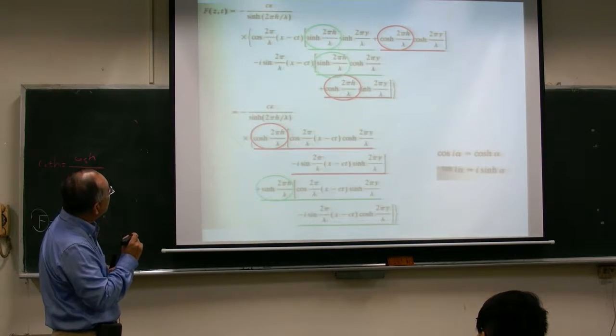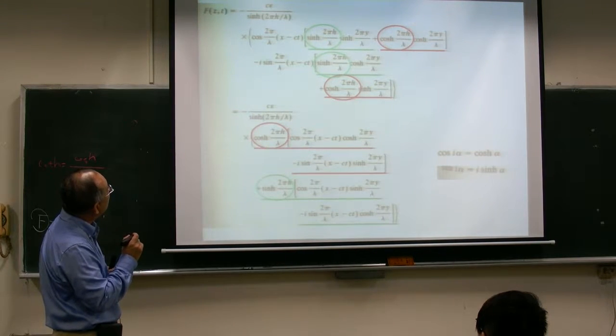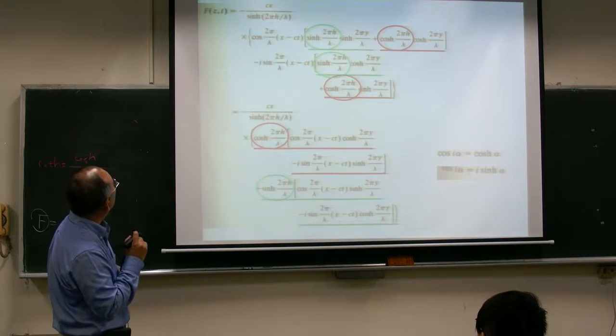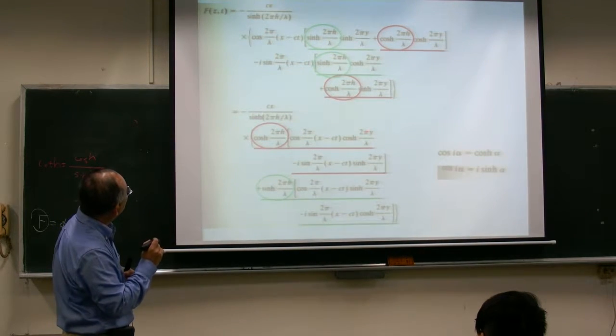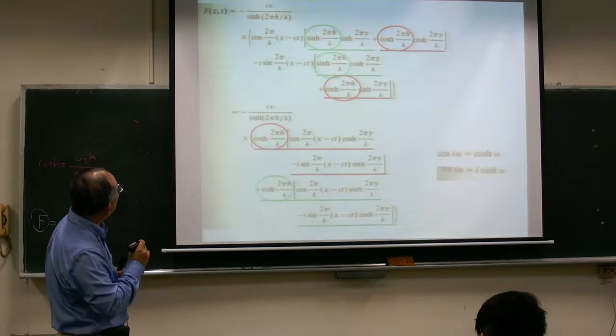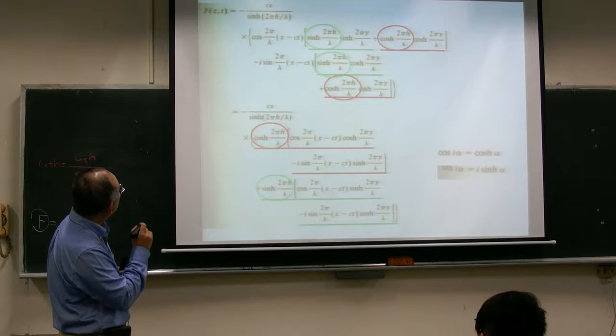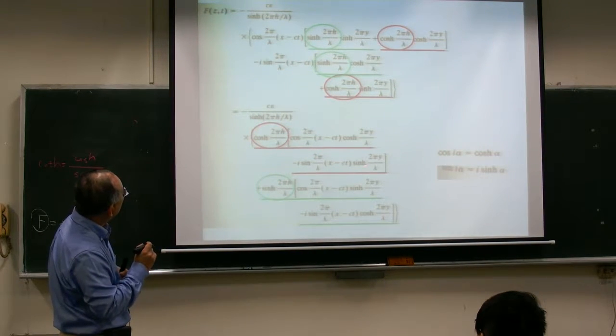Inside here we have a hyperbolic cosine function times this hyperbolic cosine function, and then minus i, and sine for this term, and I have this hyperbolic sine function here.